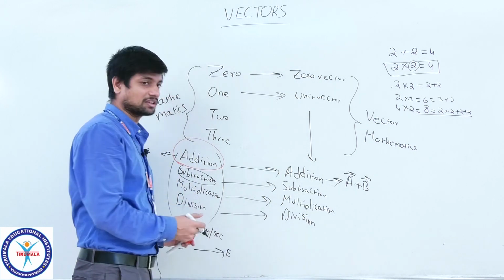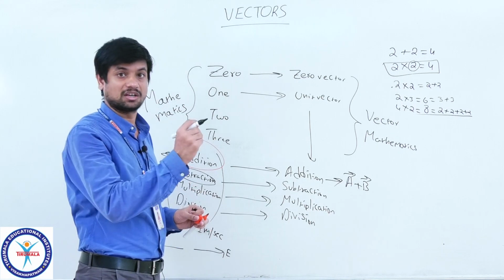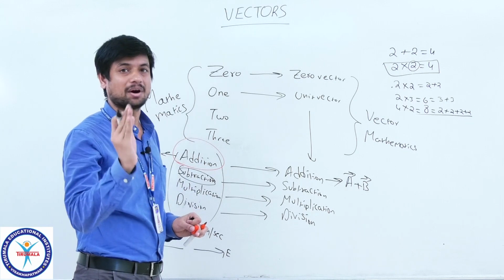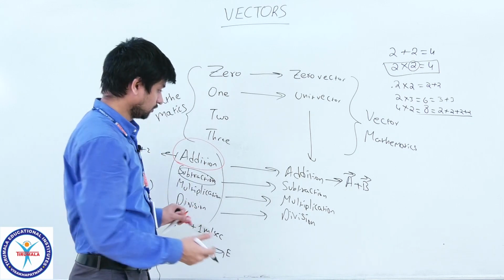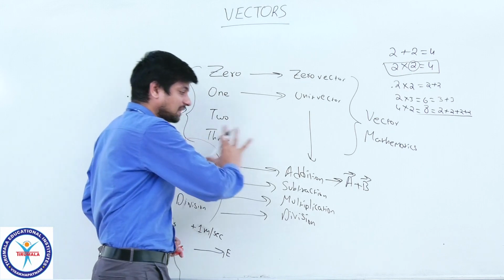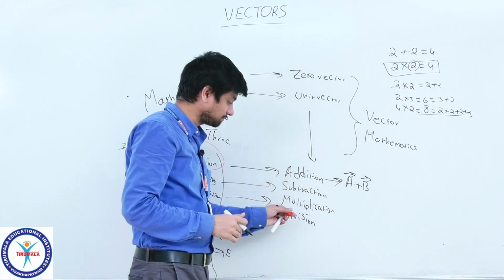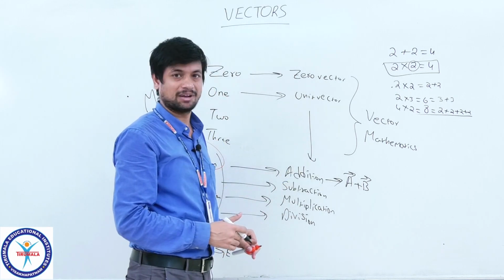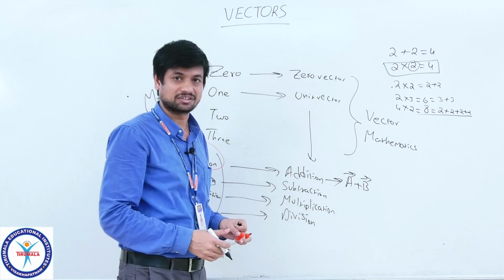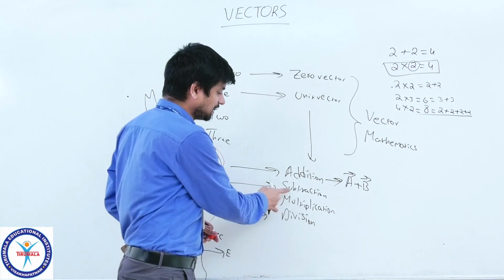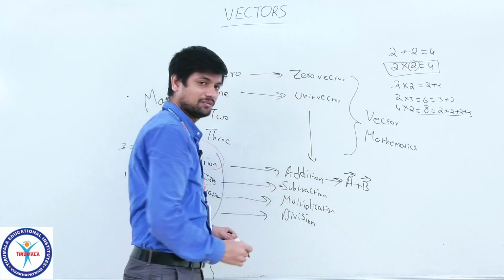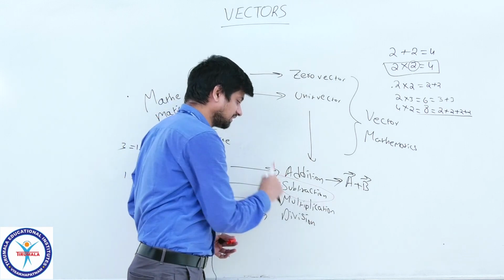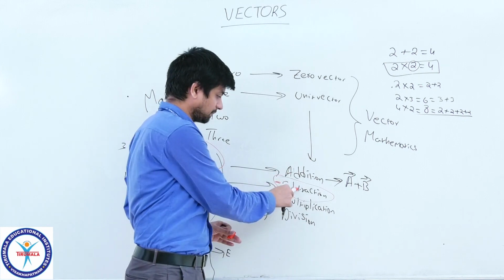In the same way division, but here division means somewhat different. We are reducing its value into some parts. Now, the same concept we will apply for addition, subtraction, multiplication, division in vector mathematics. For subtraction, if you apply the minus sign, that is nothing but addition.